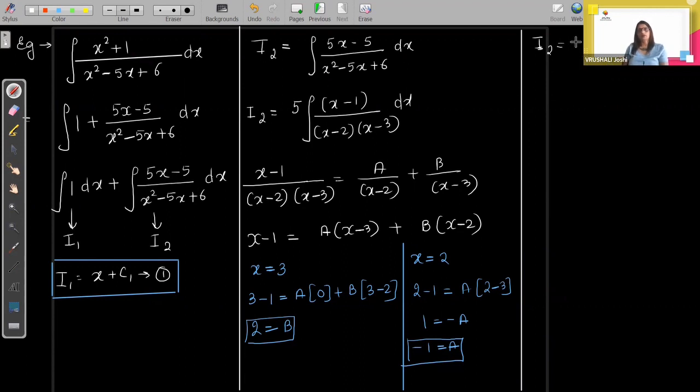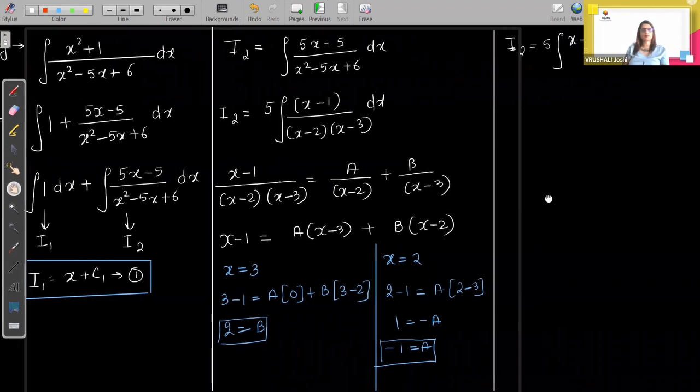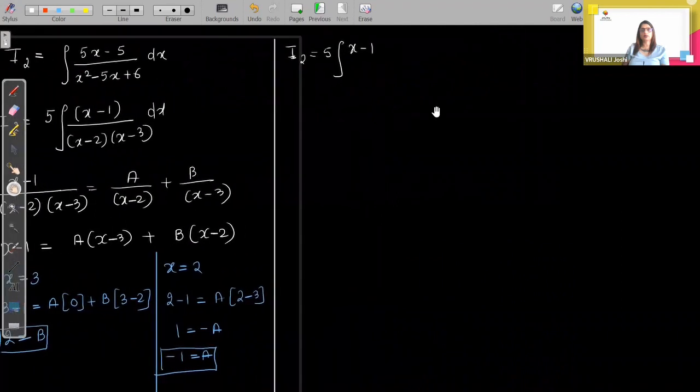This will be 5 integration of x minus 1. I'm going to shift the board a little to the side and then I'm going to minimize the whole thing. Okay, then we will minimize. You can pause the video and go back and forth, you will be able to see. So this is going to be x minus 1 by x minus 2 into x minus 3. How can you write that now?